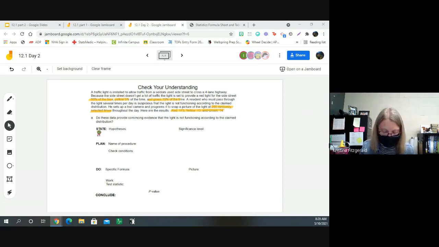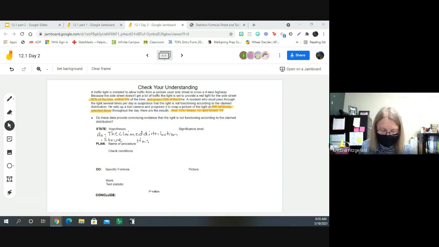This one again is going to be just the words. The claimed distribution is true. And then the alternative to that: the claimed distribution is not true.